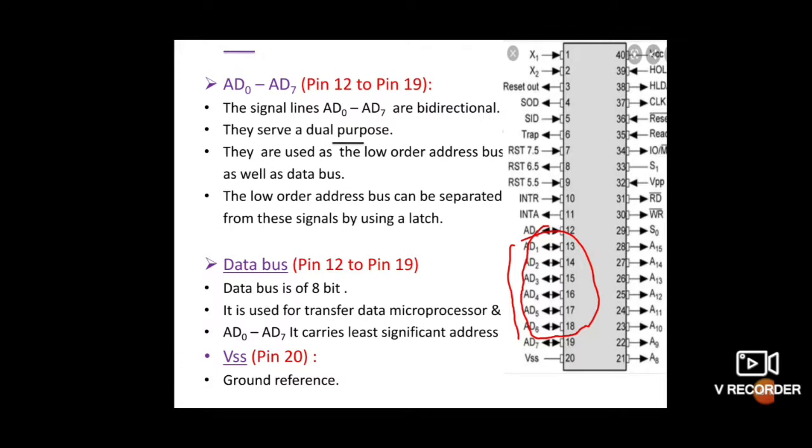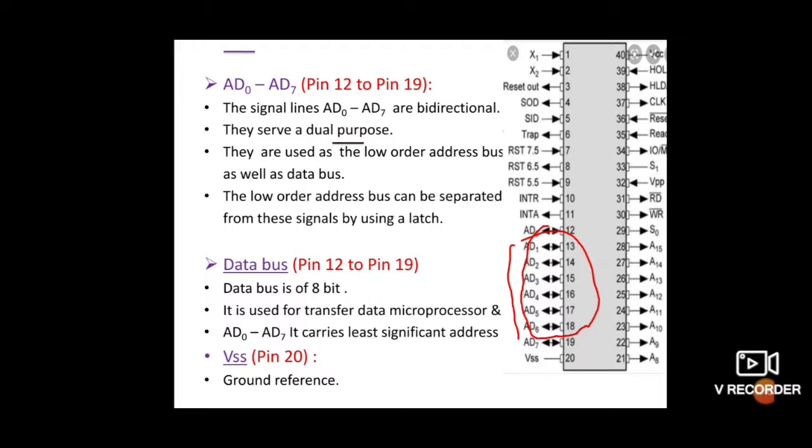Because both are on dual purpose pins. When the first clock cycle arises, the address will be sent, and in the remaining clock cycles the data will be sent. Understood, student? At the first clock cycle the address is present, and in the remaining clock cycles the data bus is present.